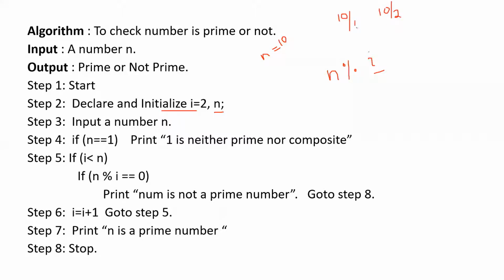So in order to divide or find the remainder, we are using a number which keeps on incrementing in each step, right? 1, then 2. Instead of that, we are using the variable called I. Got it? So if I'm checking whether 10 is a prime number, I should be checking until the I value is 10, right? So here first number will be 1 and the last number will be 10.